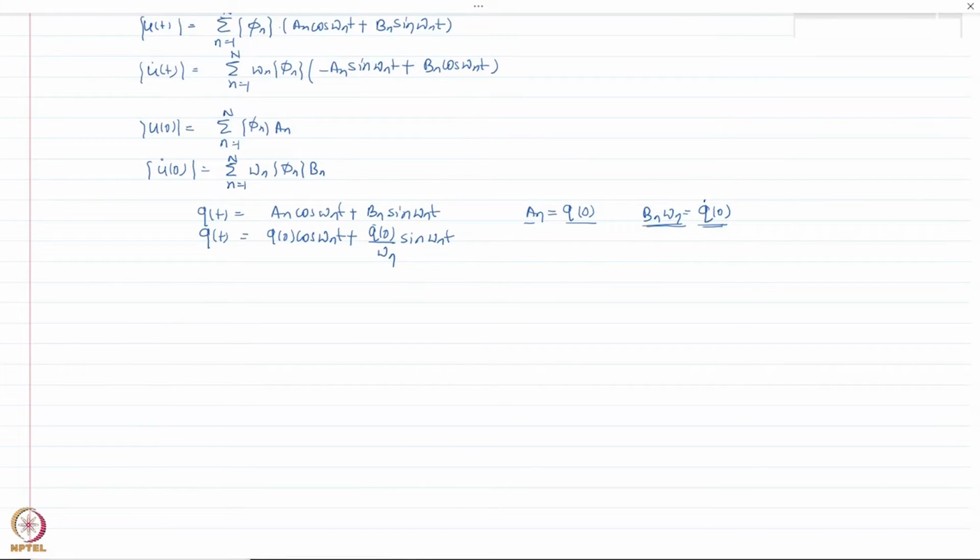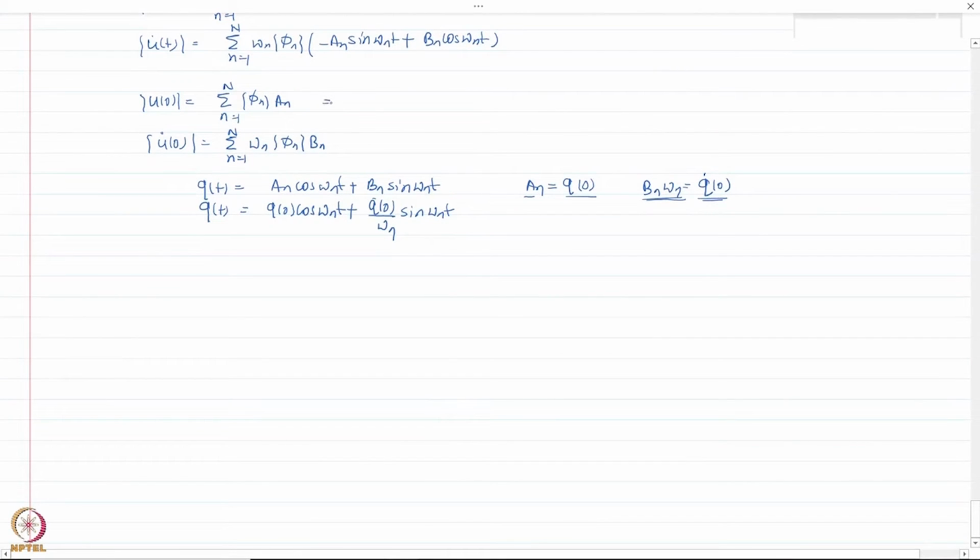Then this expression can be written as phi n times q0, and this expression as phi n times q dot 0.